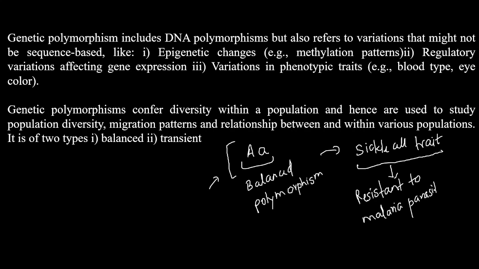So this is an advantage. If both the alleles are present, it means they have an advantage to reproduce or to survive better. So this is the balanced sort of genetic polymorphism.